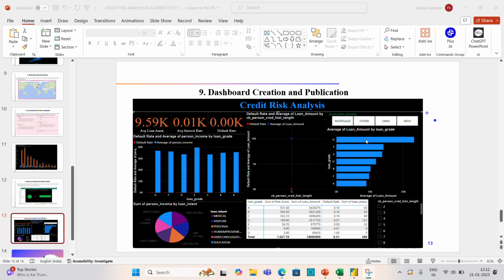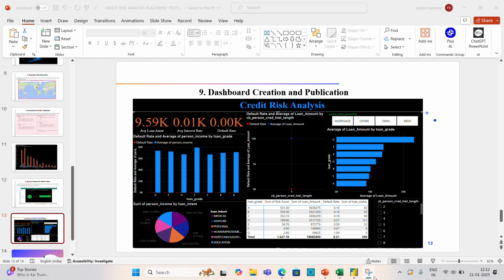Created one bar chart which shows average of loan amount by the loan grade. Created one column chart which shows the default rate and average of person income by the loan grade, and added two slicers, one for person home ownership and second for the CB person credit history length.